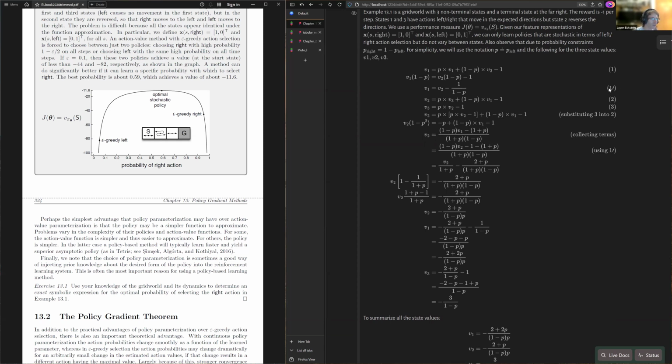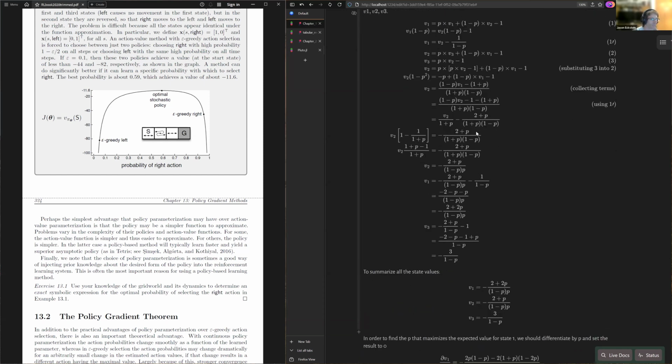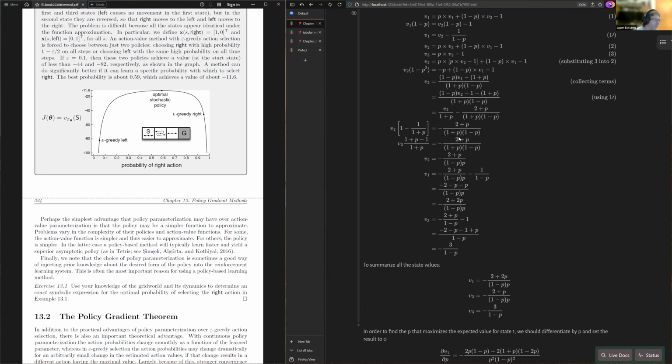Now, this equation 1 prime, we can completely replace our expression for V1 in terms of V2 minus 1 over 1 minus P. So that's what appears here. We have V2 times 1 minus P, and then the 1 minus P in the denominator cancels out this term. And then the rest of this is just algebraic simplification.